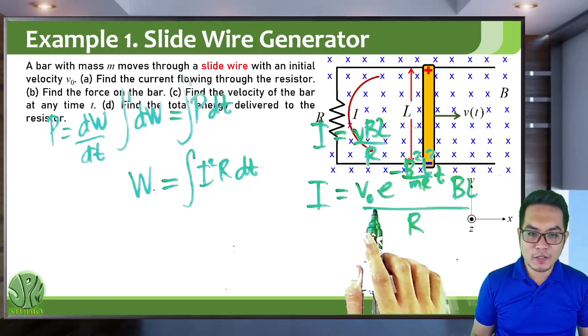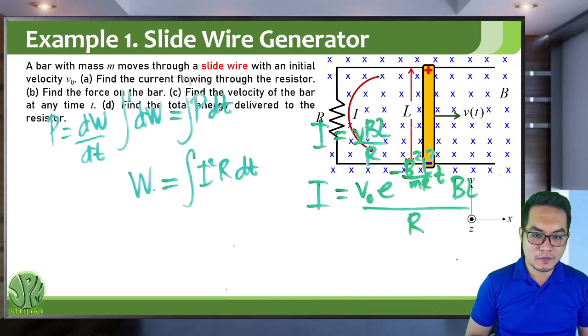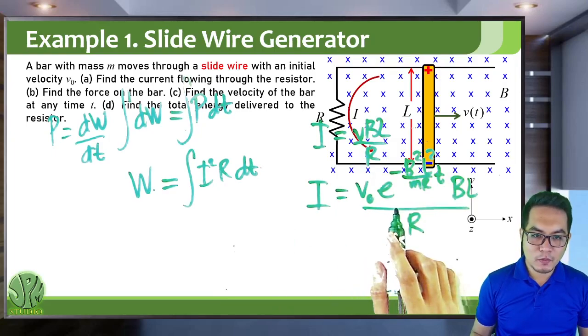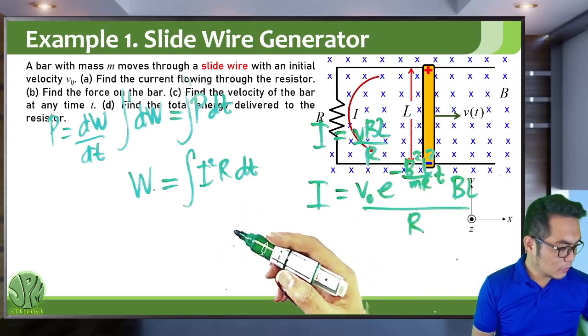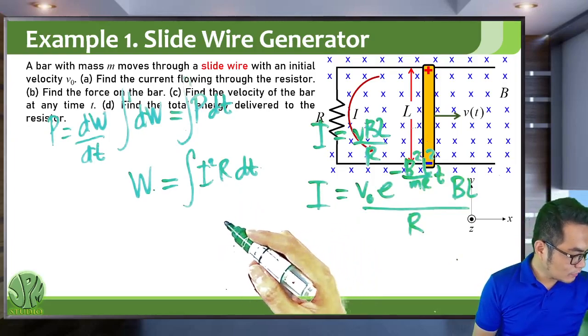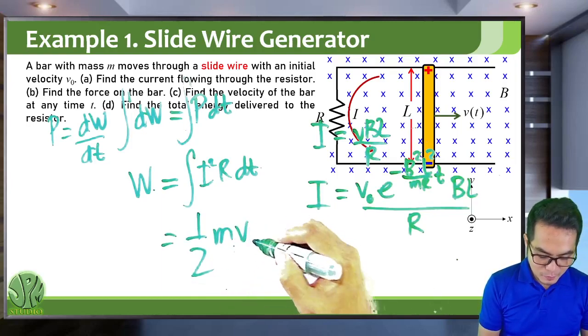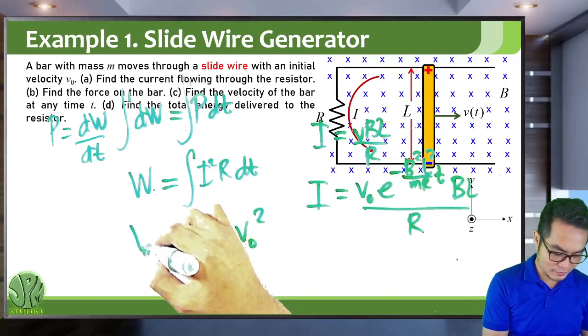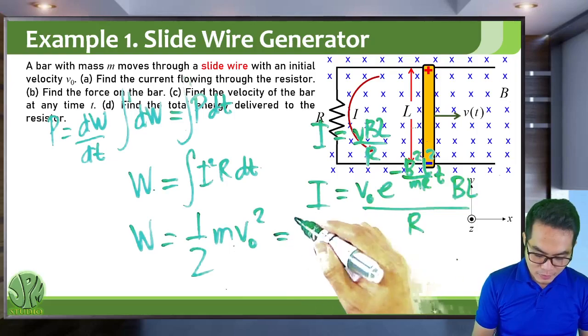So you square this one, multiply by R, so R will cancel out. Then you integrate over time. I will leave that to you, and you will get a value of, is this a surprising value? 1/2 m v naught squared. This is the total energy delivered to the resistor.